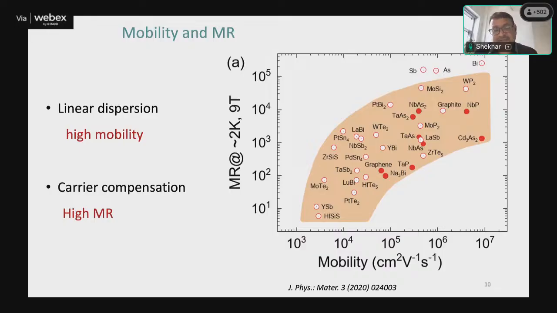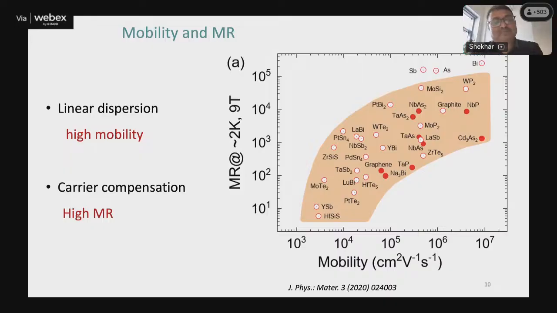So due to low effective mass, the charge carrier is moving very fast inside the material, and we can expect high mobility. And what is the origin of low effective mass? It is the linear dispersion.